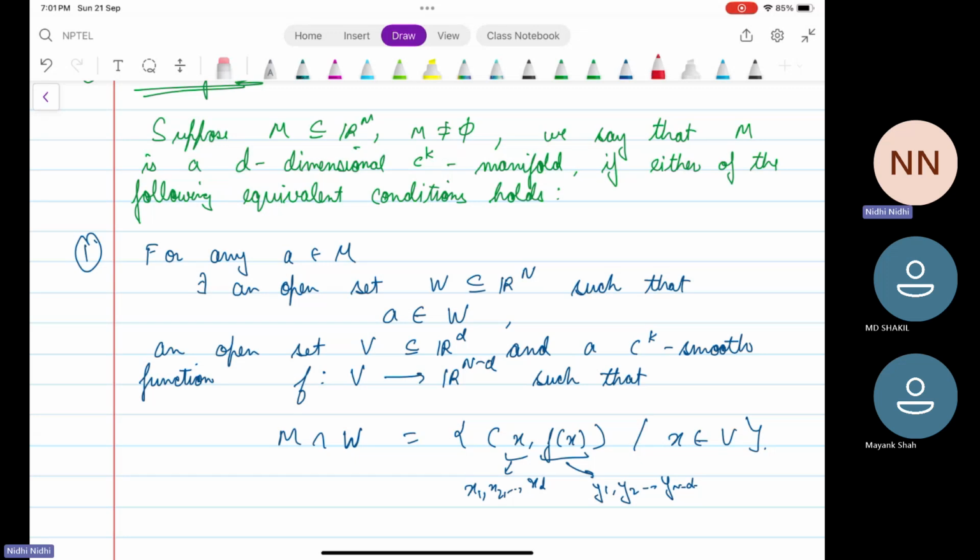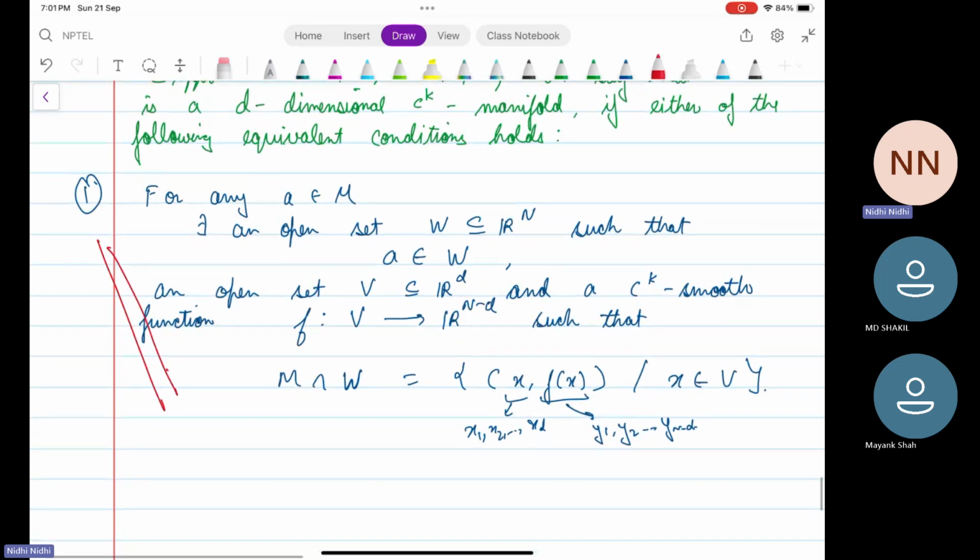So in words, we can say that M is locally, because this W is kind of a neighborhood of A, we can say that M is locally a graph of some CK smooth function. Because this F is defined on some open set, not on the whole space Rd.